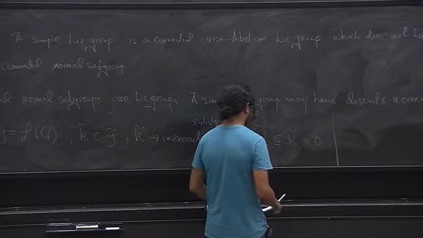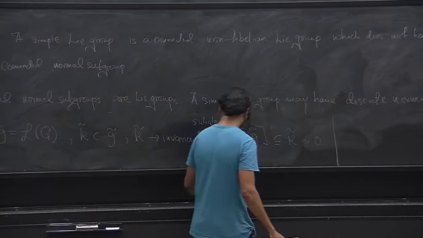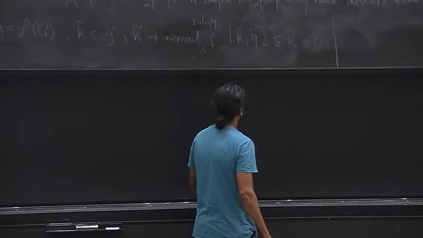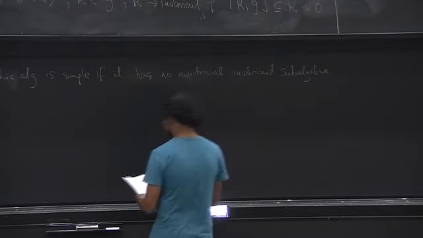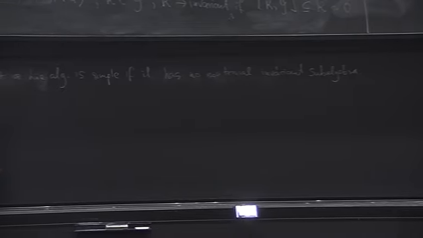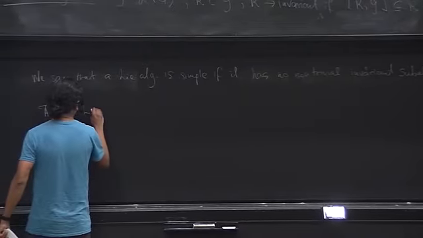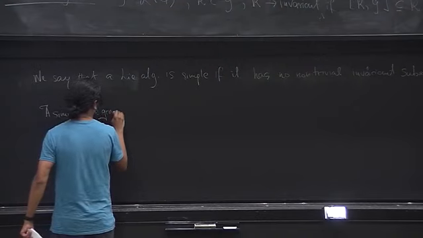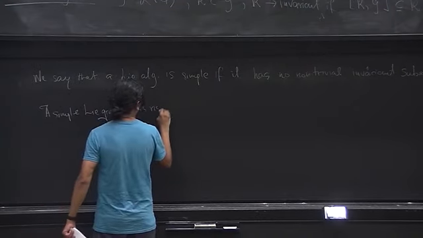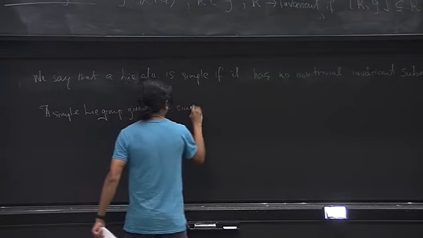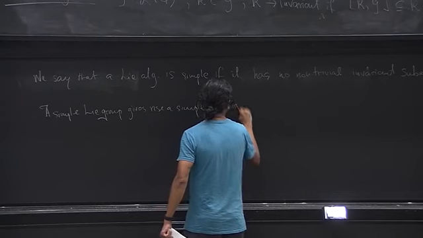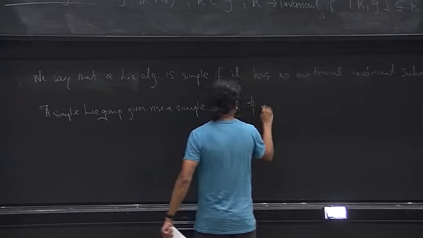Right, technically you don't need the zero because it's already included. So a simple Lie group gives rise to a simple Lie algebra and vice versa.